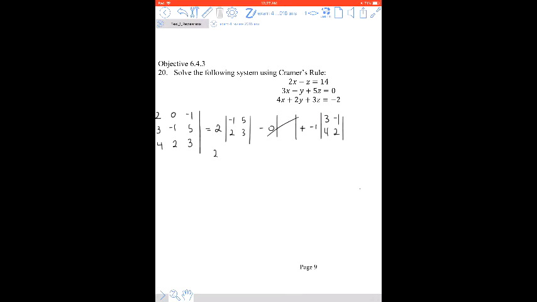So then I get 2, and then if I do the determinant of that matrix, it's -3 minus 10. And then here I'm going to get 6 minus -4.